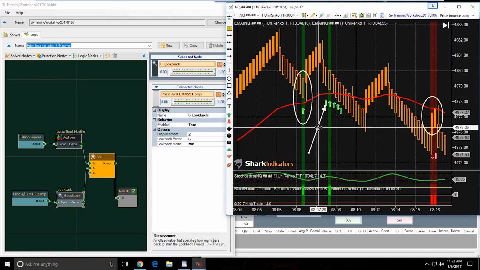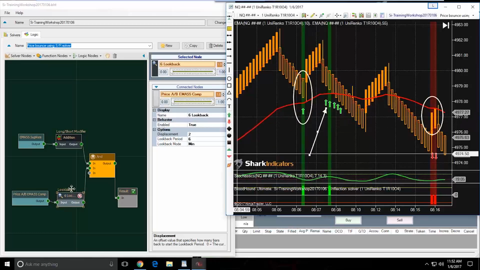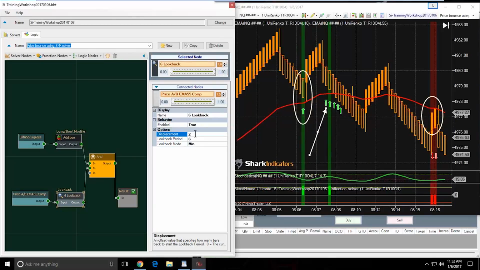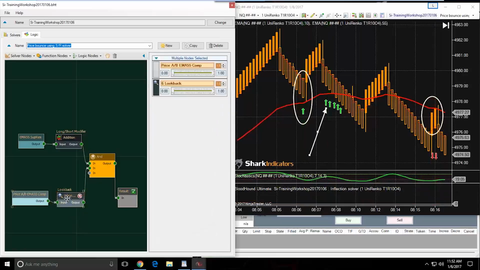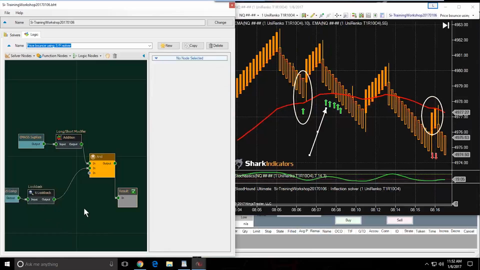What happens if price actually reversed on the first bar? We would have missed that signal. So that's telling me that our displacement isn't quite doing what we want.